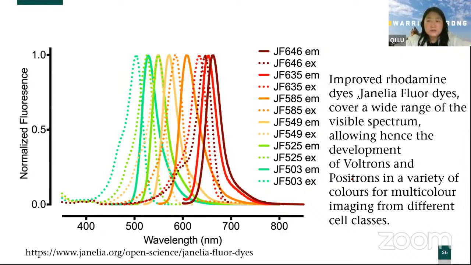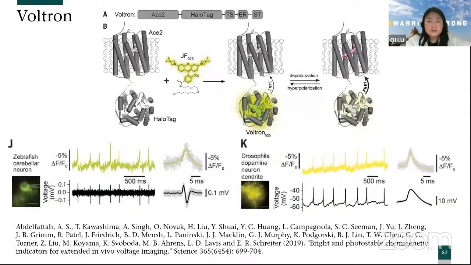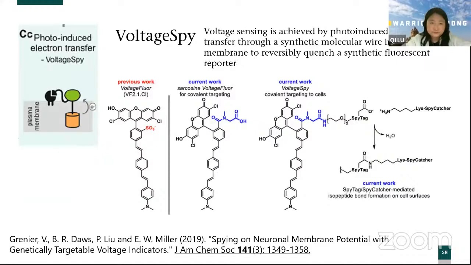And the JF is a general fluorescent dye, and it also covers a wide range of the visible spectrum. So it can be determined by the excitation wavelength to choose which dyes to involve in this voltage sensor indicator.